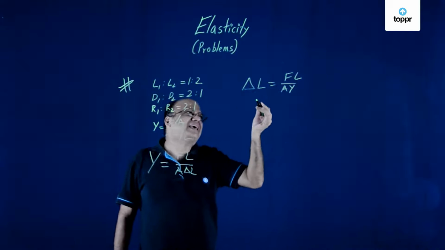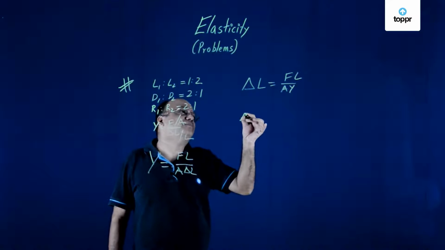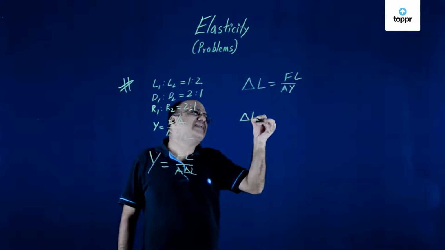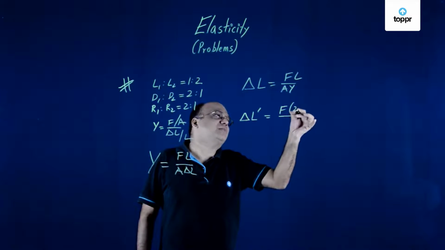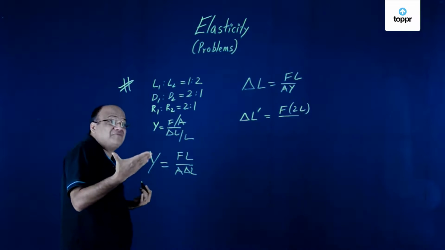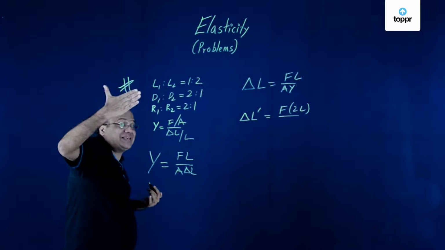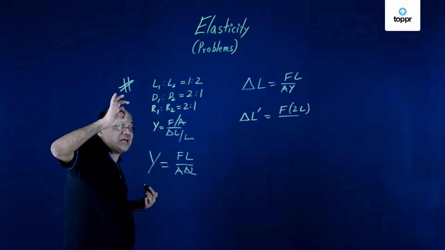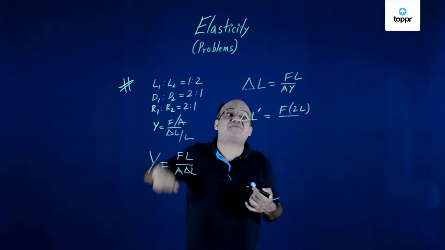Now, in the case of the second wire, the length has become double. So, delta L dash will be equal to F into 2L, and area will become 1/4 times, because radius has become half. R2 is half of R1.